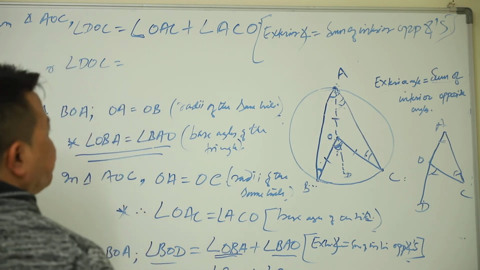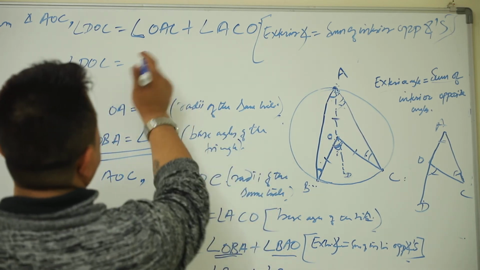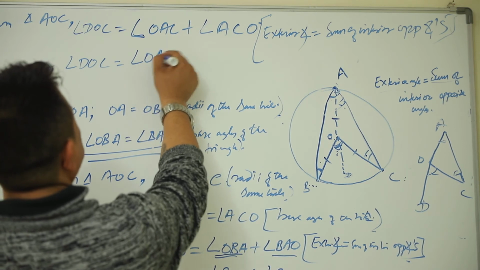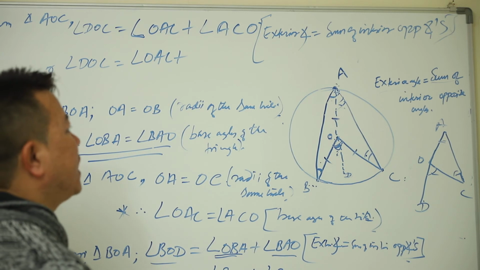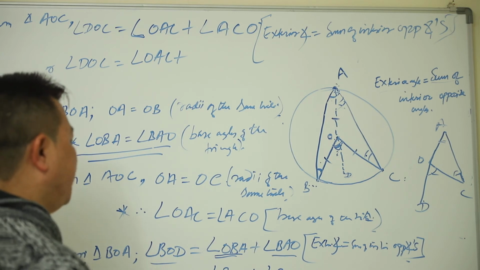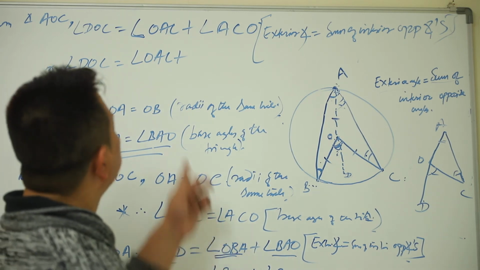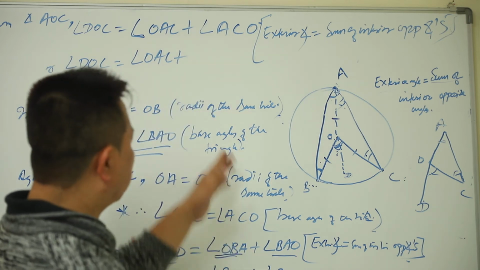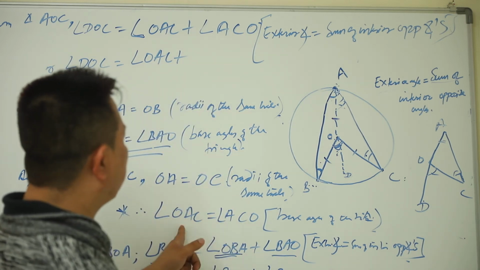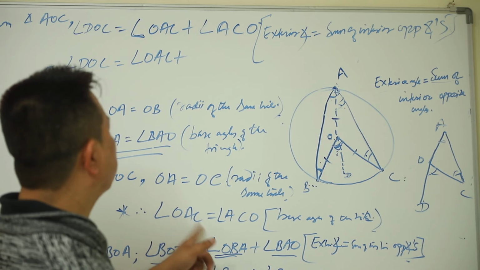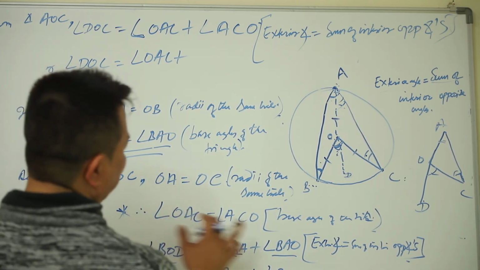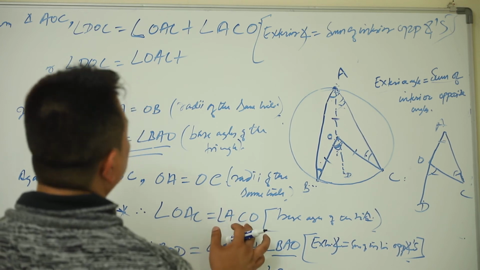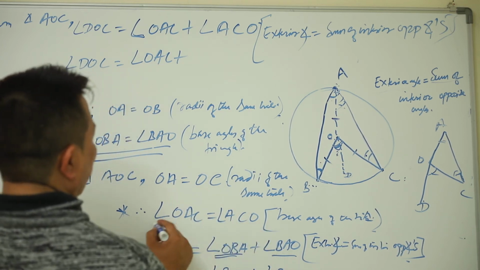Now angle DOC is equal to, and this is the most important part, angle OAC, you can write it as it is, plus angle ACO. What is the meaning of angle ACO? We have already proved that angle ACO is angle OAC, which I have already marked with the asterisk before.